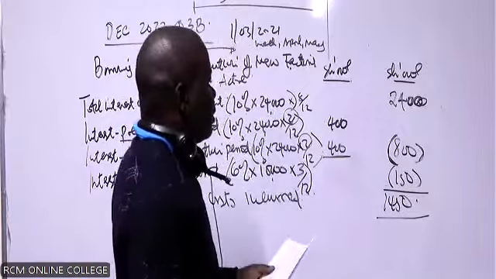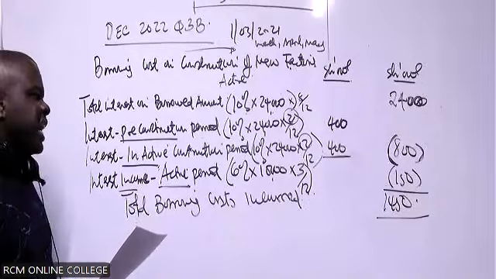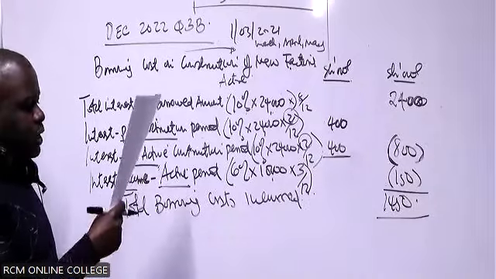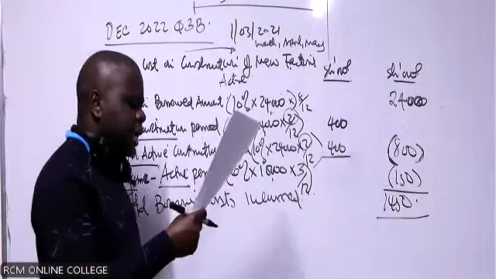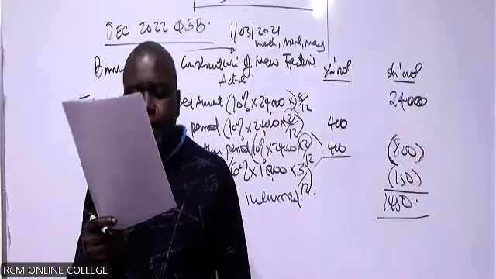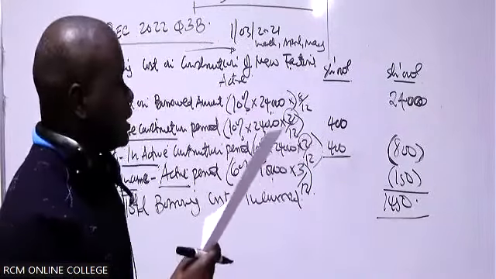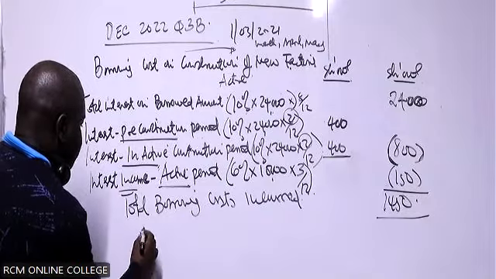Then of course, you can write, because they wanted you to explain with suitable calculations the accounting treatment of interest cost on the loan in the financial statements of Sayari Limited. So you can write these points after that, just to explain.